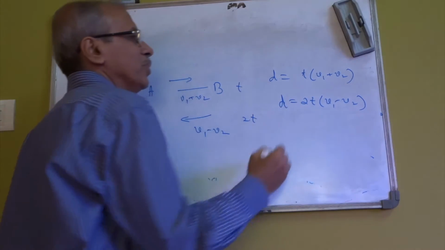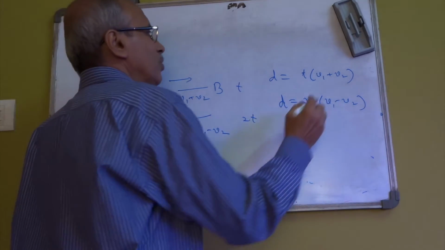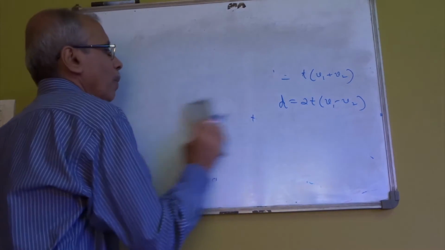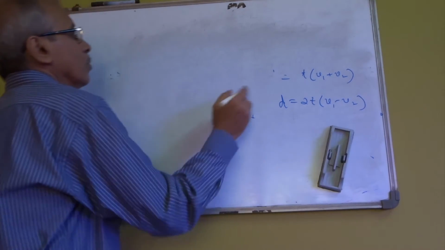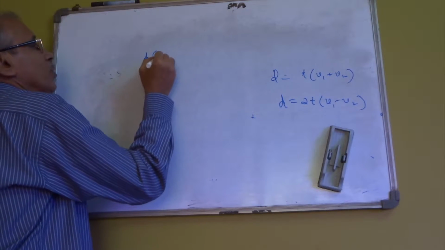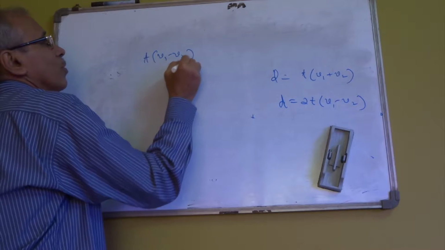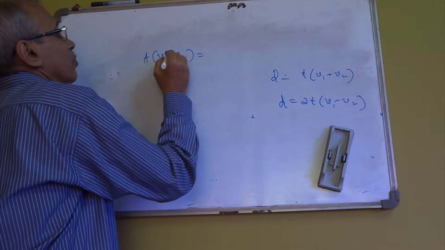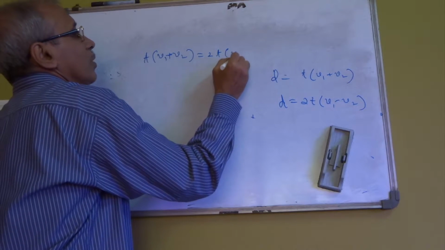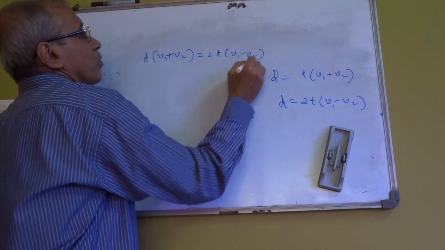Now this is the same distance, so you can equate: t into v1 plus v2 is equal to 2t into v1 minus v2.